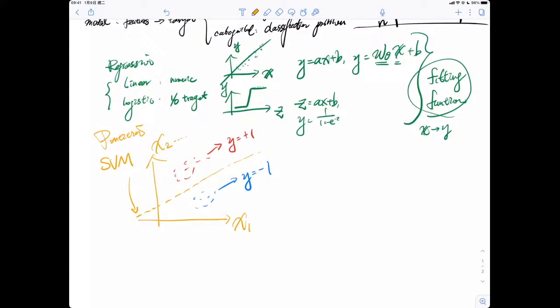To find this line, there are several different ways to find the best line. For example, SVM finds the widest line which can partition these two sets of data. So this is called partition. There are several different ways that SVM can partition these two data sets, as we mentioned before.